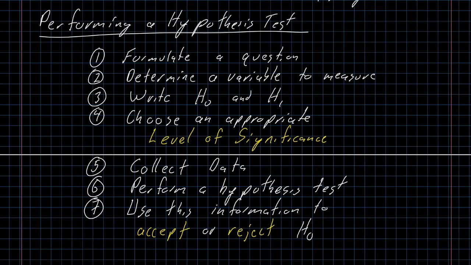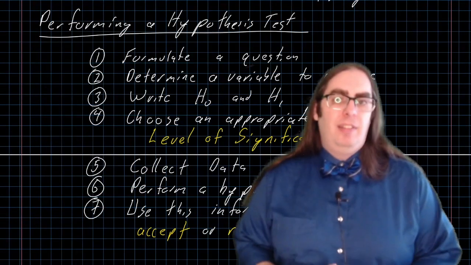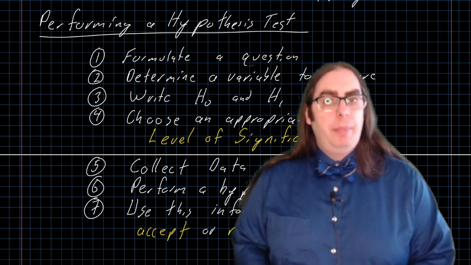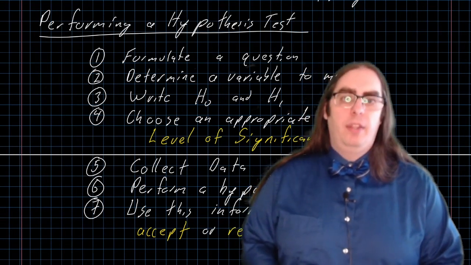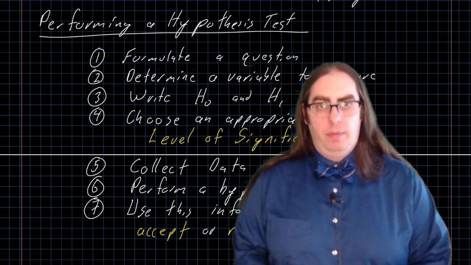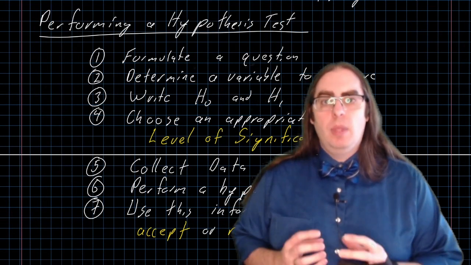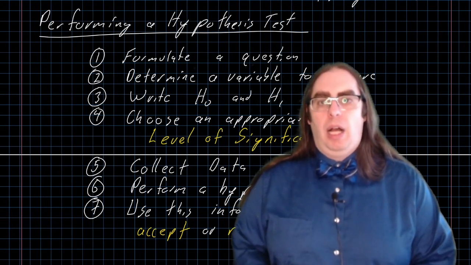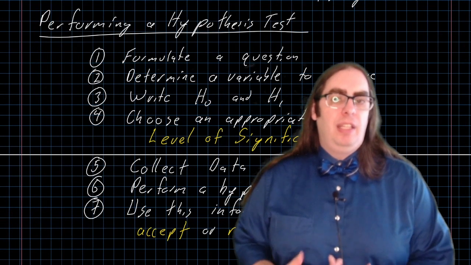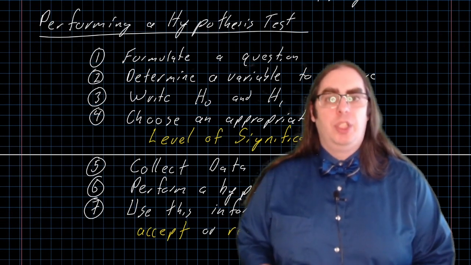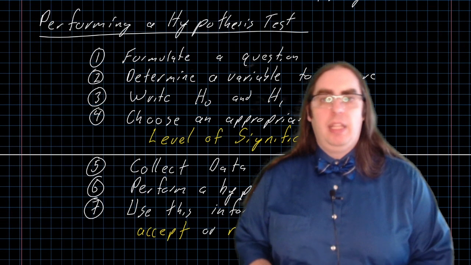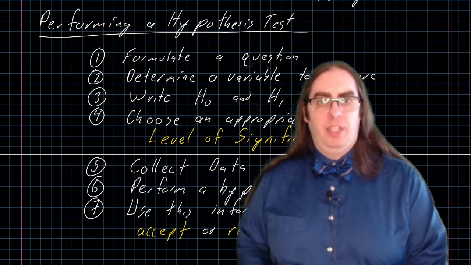This is the crucial step of the entire process. The level of significance is asking you, what probability are you okay with being wrong? The level of significance is the answer to the question, what is the probability that you made your conclusion by mistake?